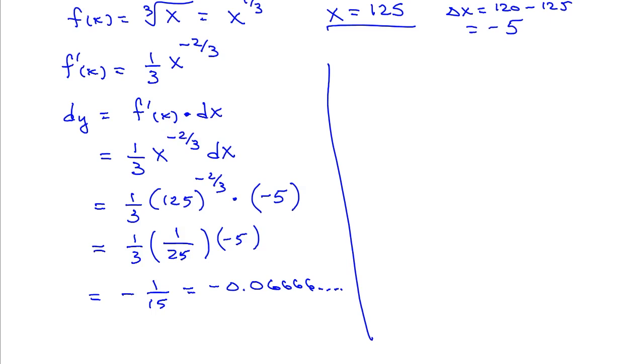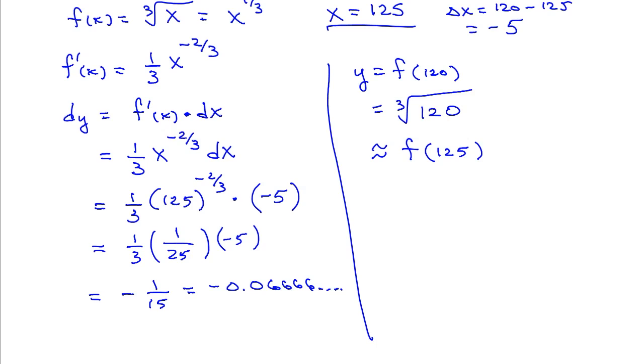Now we will compute the actual change here. So we want f of 120, which is the cube root of 120. That is approximately f of 125, our fixed point, plus the differential in y.